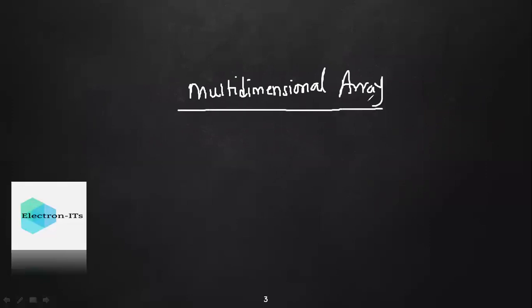Now we'll talk about multidimensional arrays. There are three types of multidimensional array we can generally come across while writing code. We'll see the first example. Suppose I declare the data type as logic, with 3 to 0, then 7 to 0.